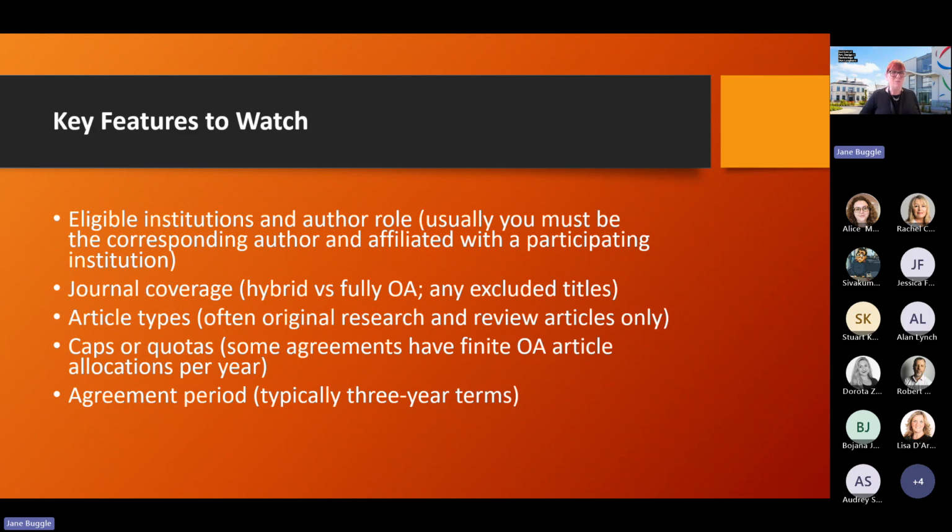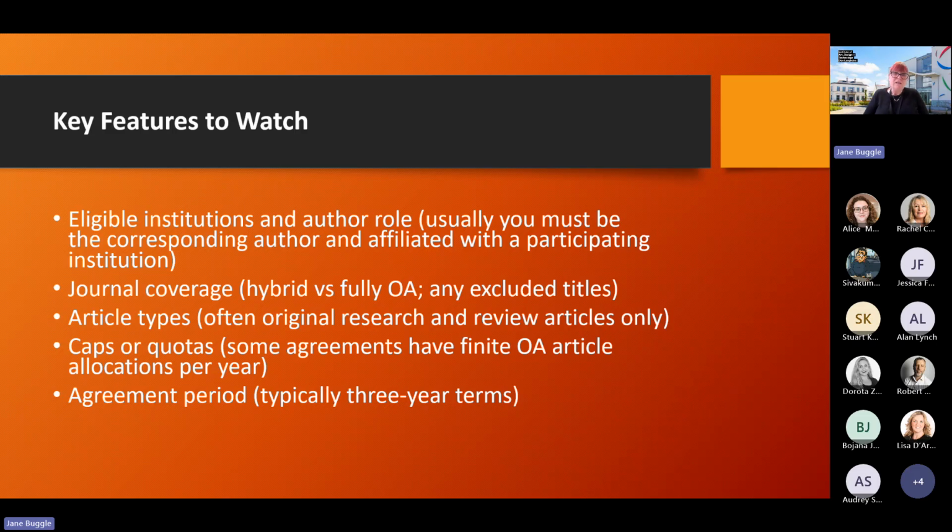So, key features to watch out for. Eligible institutions and author roles: you have to be the corresponding author and you have to be affiliated with a participating institution. You want to look at the journal coverage, hybrid versus fully OA, and you need to keep an eye on excluded publisher titles, so you might accidentally fall into an APC there.